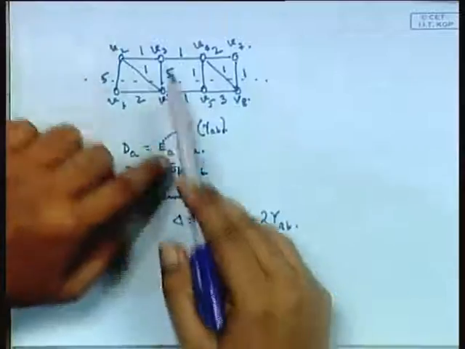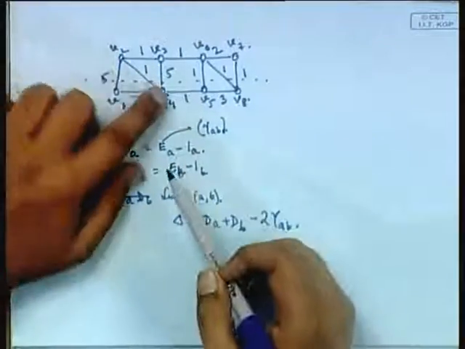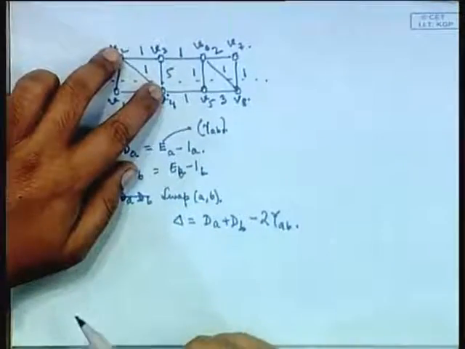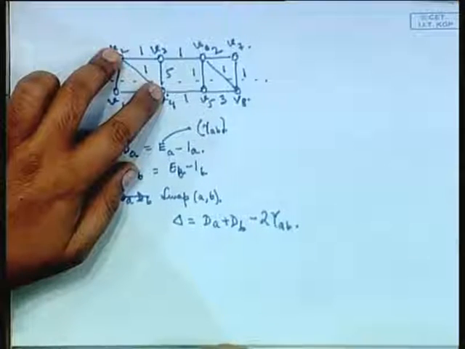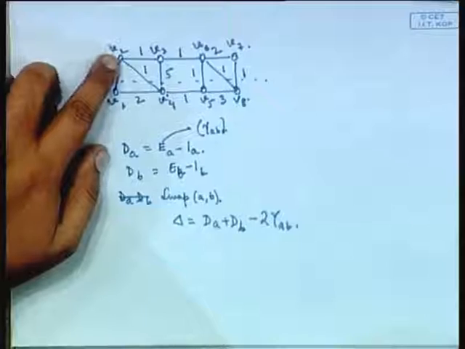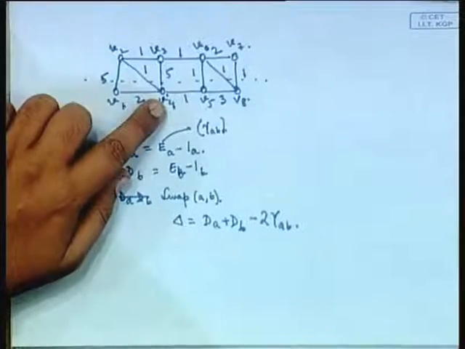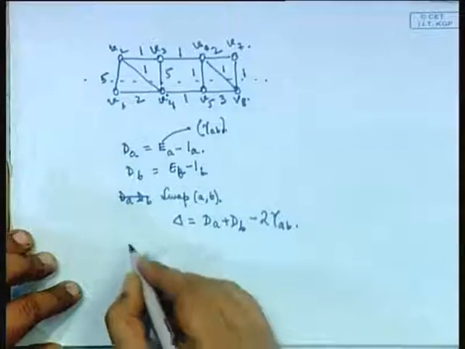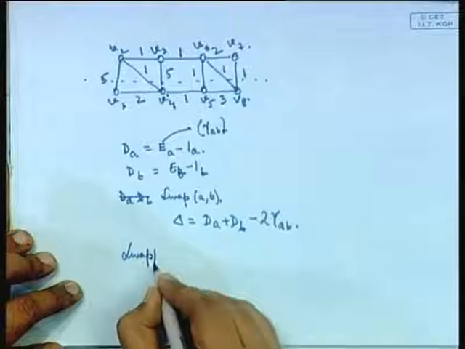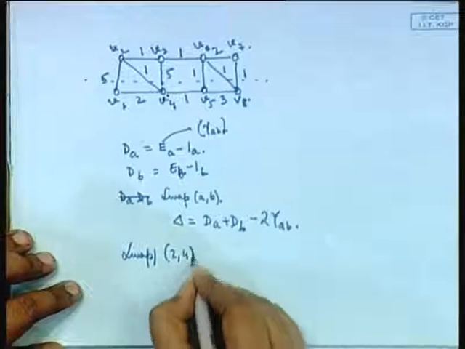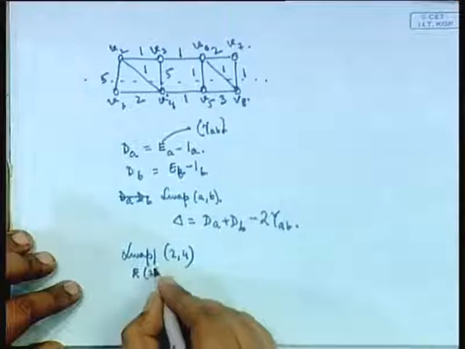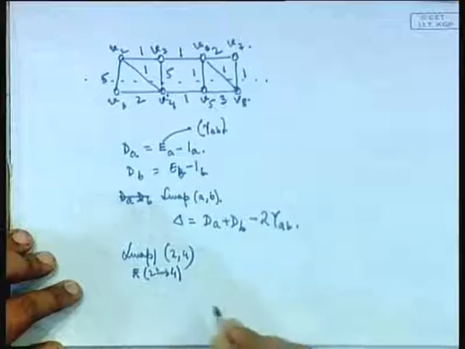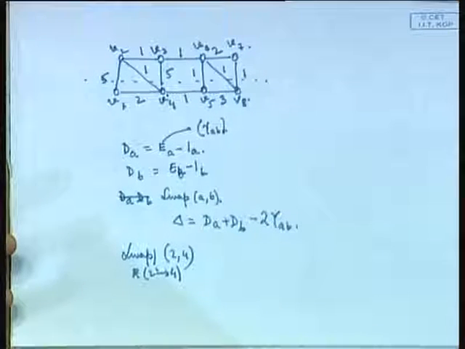When you swap 2 and 4, this external connection of 2 to 4 still stays an external connection.